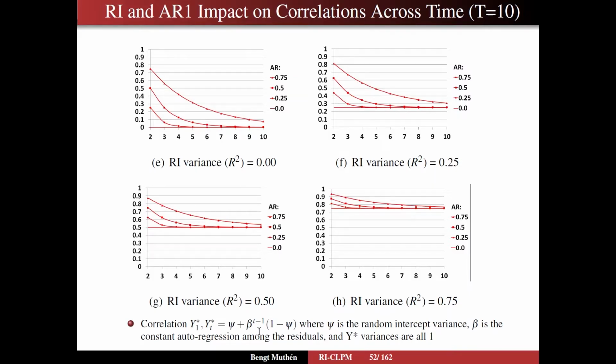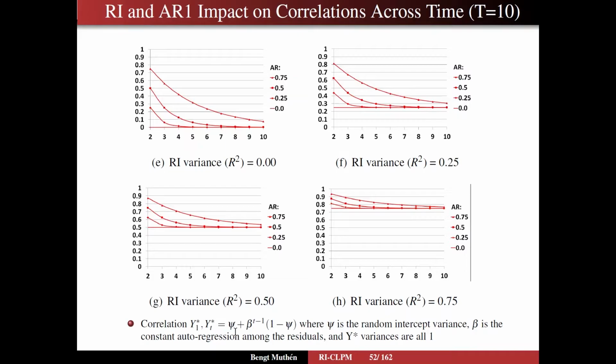So for instance, if you consider time point t equals 2, that's beta to the power of 1, where beta is the AR coefficient. You see then that when t increases, say t equals 10, you have beta to the power of 9, and since beta is less than 1, that term will go towards 0. So the second term disappears, and all you're left with is psi itself.